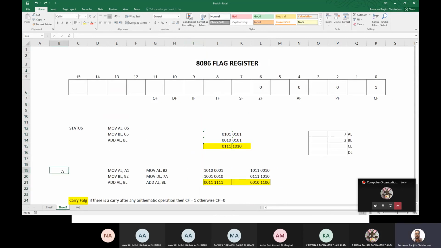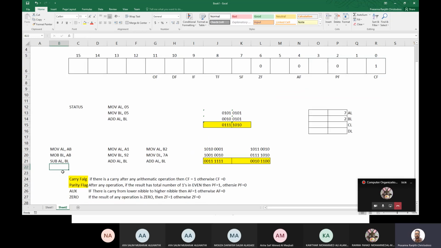Now, what happens here? MOV AL, AB. MOV BL, AB. Subtract AL minus BL.